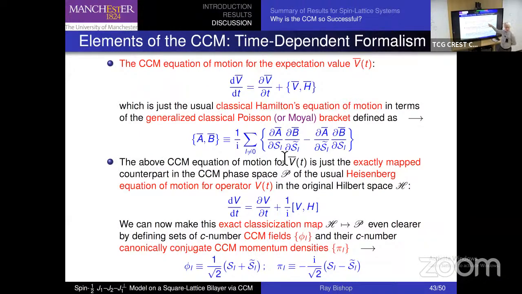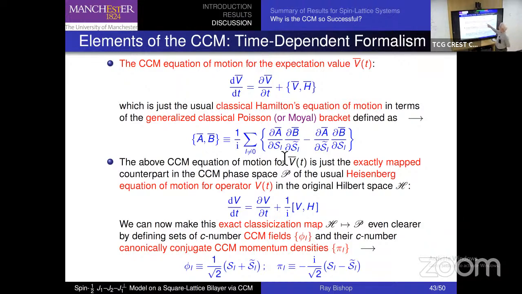Well, this guy looks just like Hamilton's equation of motion for classical mechanics. It really is identical to Hamilton's equation of motion for classical mechanics, except, of course, this V bar and H bar are much, much more complicated. It's no longer a one-body simple problem. It's a many-body problem now.